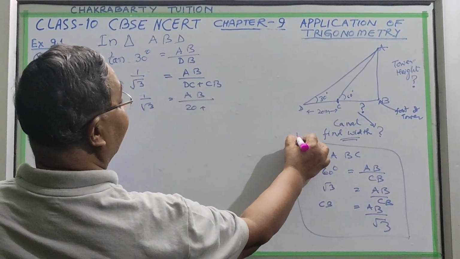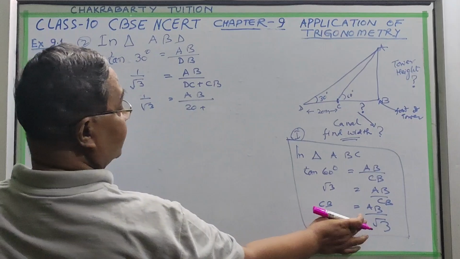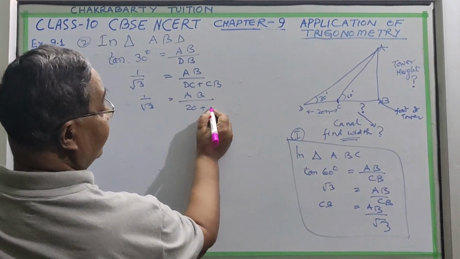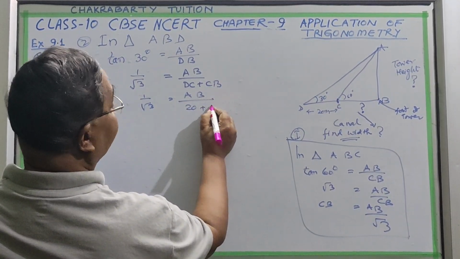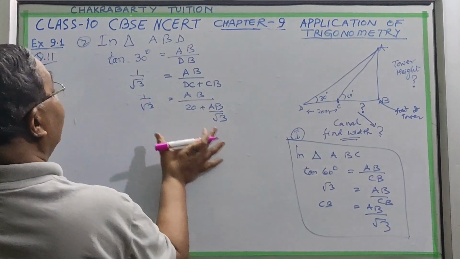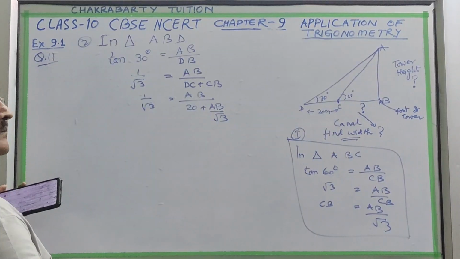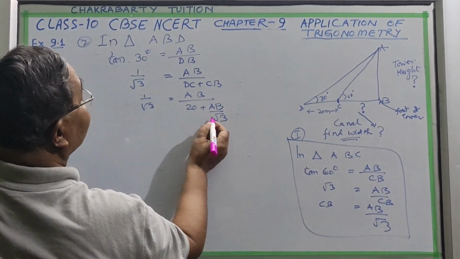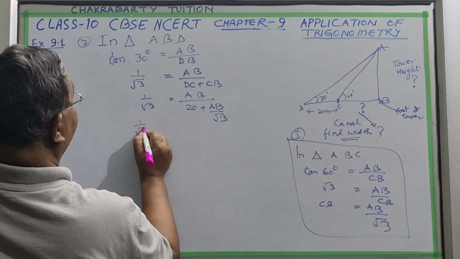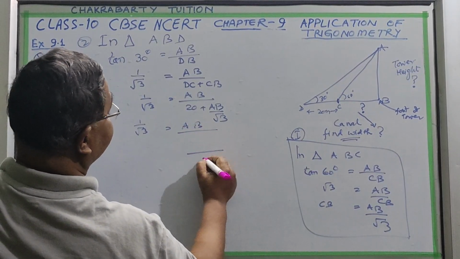First you start with this point, now the second point you start from here. In place of CB we can write AB upon under root 3. Now we will solve it by LCM. 1 upon under root 3 is equal to AB, and here you take the LCM under root 3.